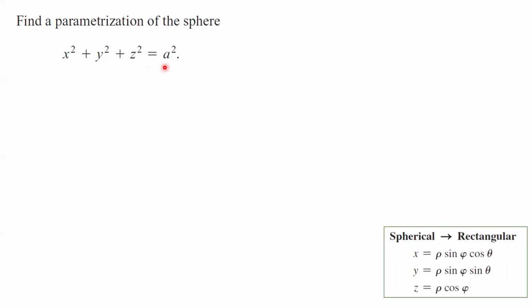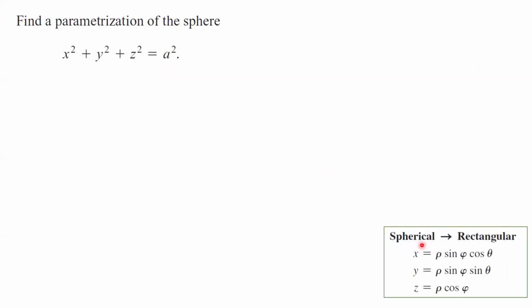We're going to take a look at the parametrization of a sphere that you learned in triple integrals. Suppose I ask you to find a parametrization for the sphere centered at the origin with radius a: x squared plus y squared plus z squared is equal to a squared.